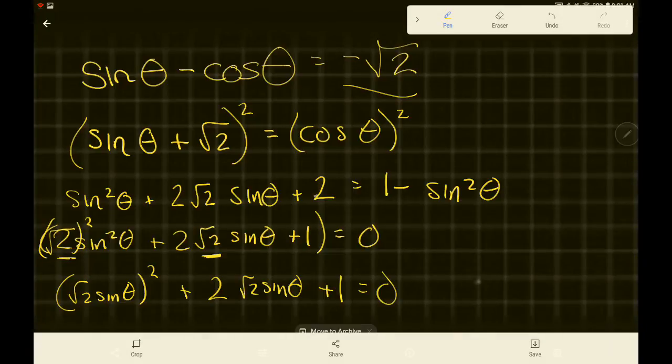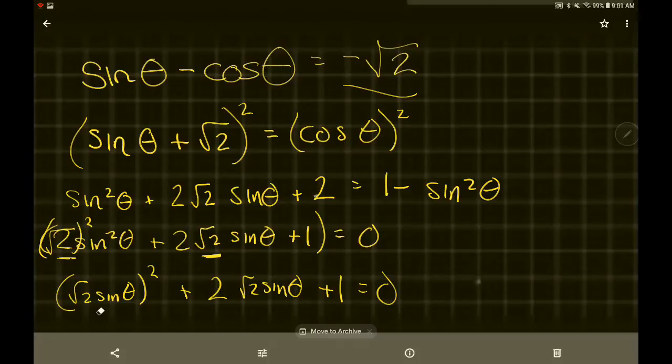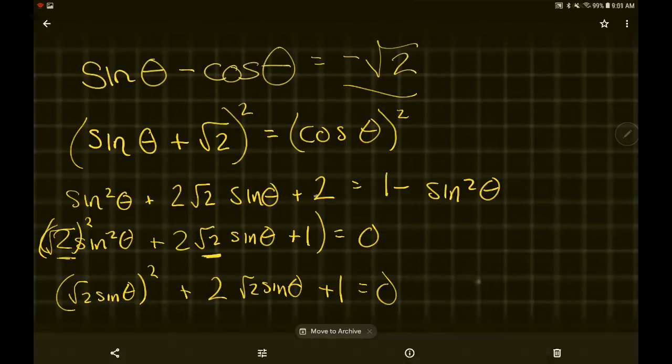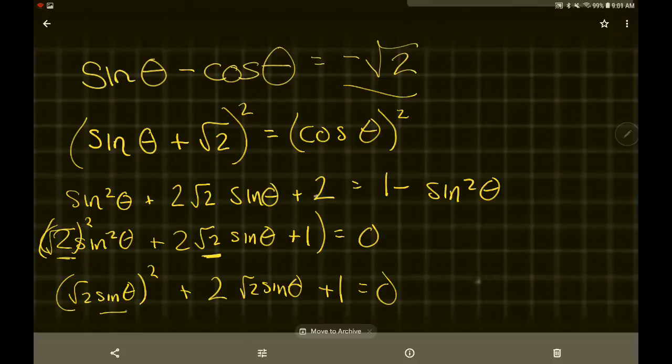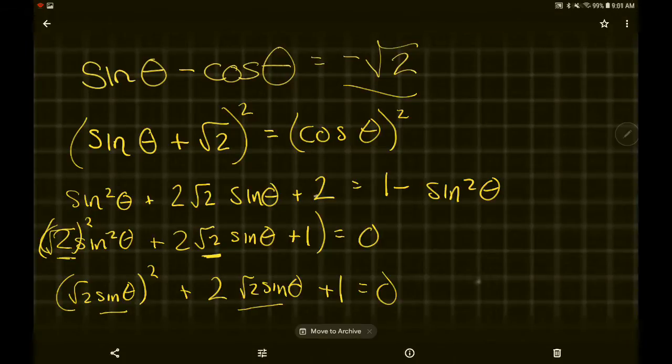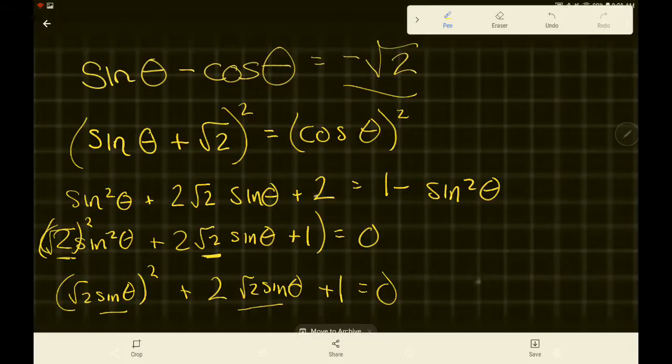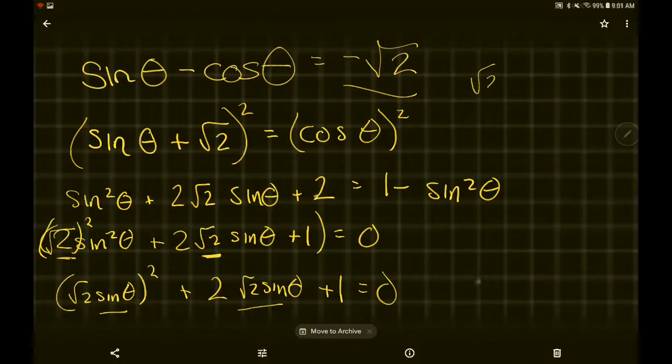And that is actually a perfect square trinomial, even though there are radicals in the coefficients. They aren't just integers, but nevertheless, we have this term squared plus 2 of this term plus 1. That is, in fact, root 2 sine theta plus 1 squared.